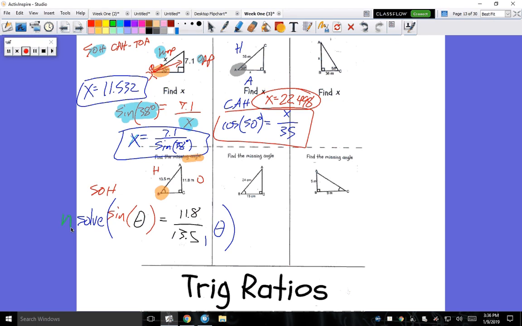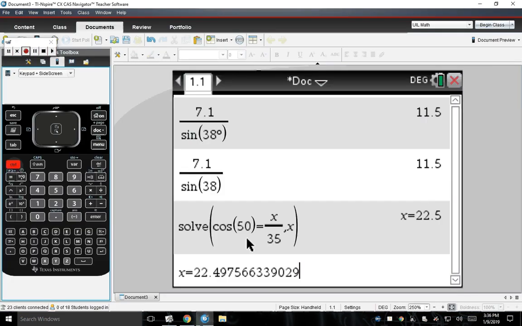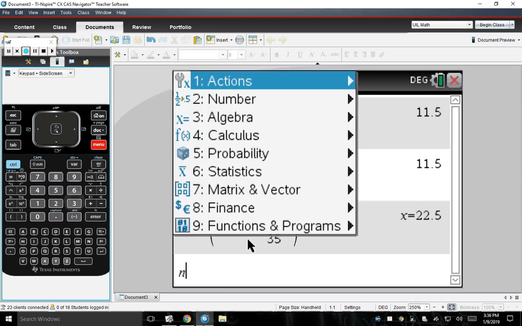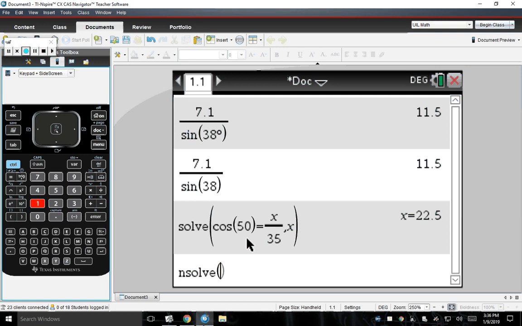Okay? Let me show you how you can get that with a calculator. You can press from here, menu 3-6, or you could just press down here the letter N and then menu 3-1. Whatever you want to do.